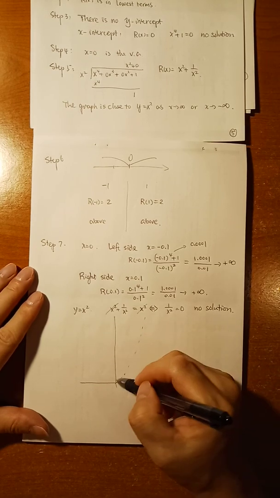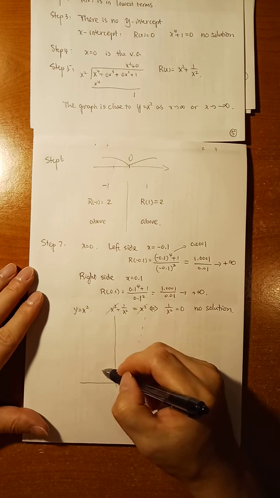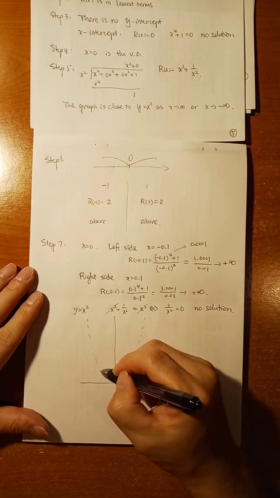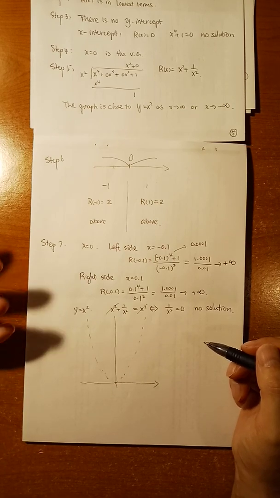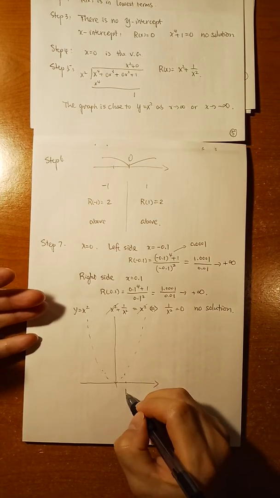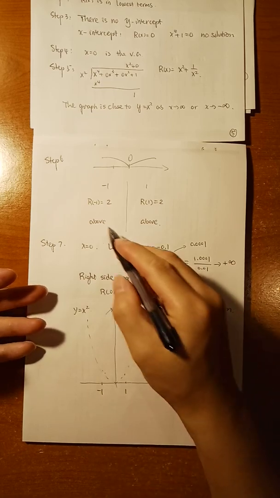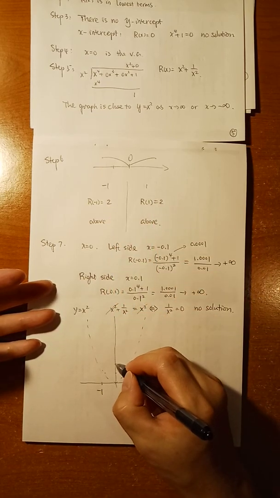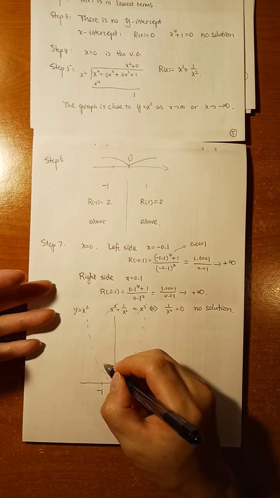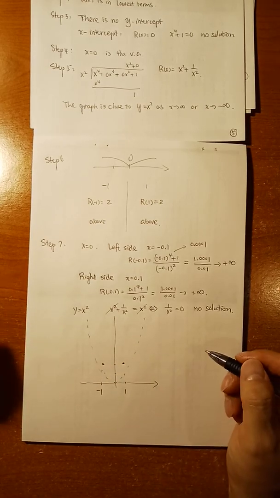Okay, so now let's try to sketch. This is a parabola. We need some starting points. For example, for 1 and -1, we get the value. When x is 1, r is 1... when x is -1, r is also 2 here.